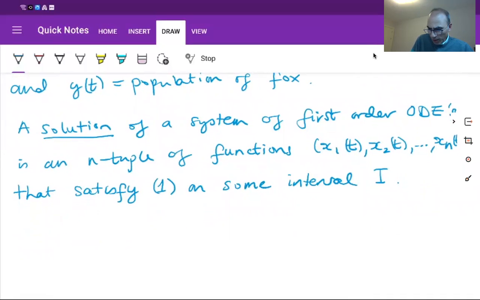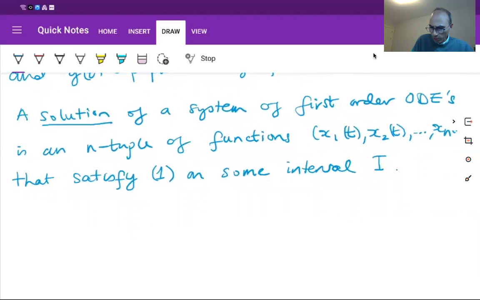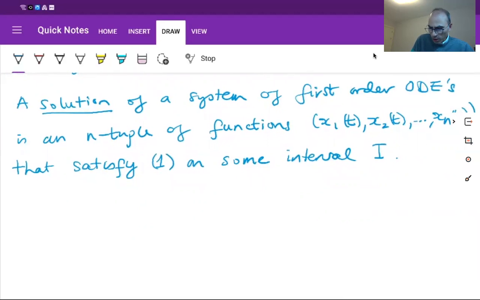typically we expect to get infinitely many solutions of a system of differential equations. And so here, if you're looking for just one, initial conditions are something that we typically impose.